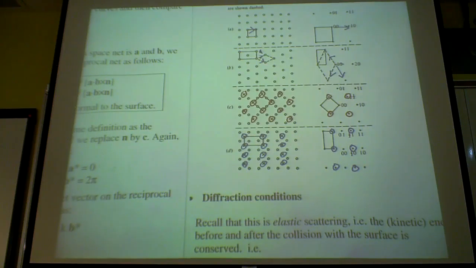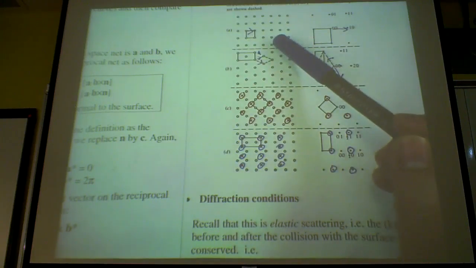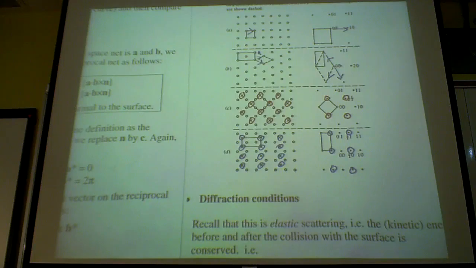Now what happens if I put some adsorbate on top, right? You can think of this as the top layer of my substrate. Remember, for a clean surface, remember how I defined my substrate. My substrate is the part of your material that has 3D periodicity, and on top of that we usually have a couple of layers of atoms with changing d spacing.